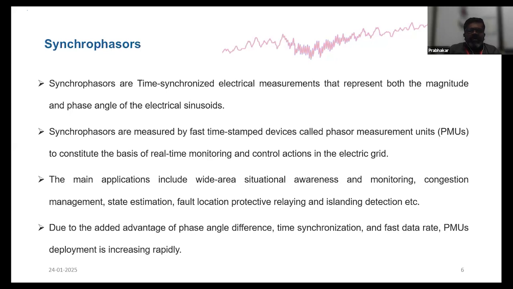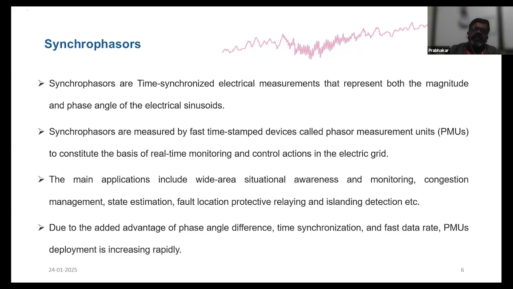And due to the advantages of phase angle difference, time synchronization, and fast data rate, people started utilizing these PMUs. The only thing is the cost, somewhere around 40 plus lakh, and in a country like India we could not install it at all voltage levels.